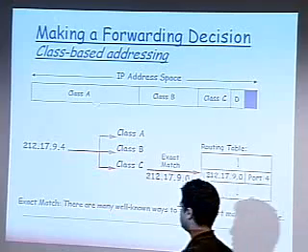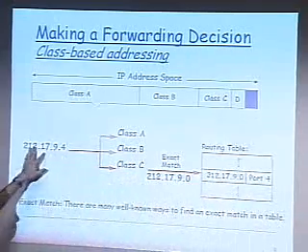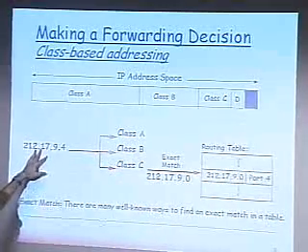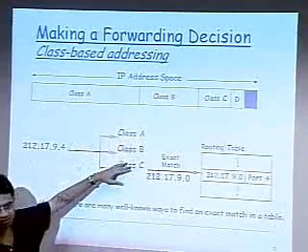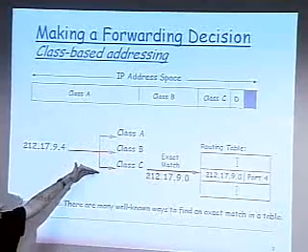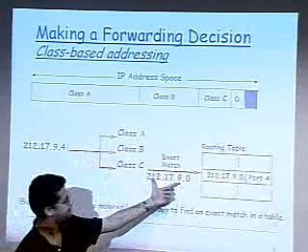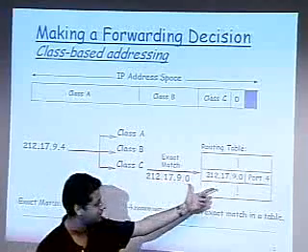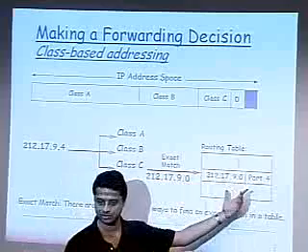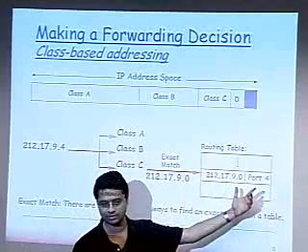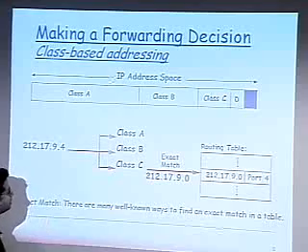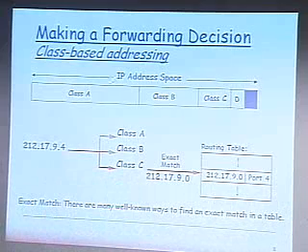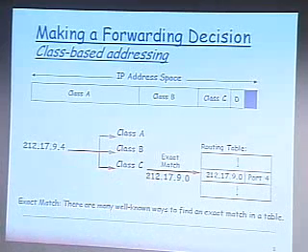Given a destination address, you could figure out which class this destination address belonged to: class A, class B, or class C. Once you knew that, then you had an exact match based on the class, the number of bits that you had to match. You go to the routing table, look at the exact match, and pick out the port number, and then you can forward the packet along. If you're doing exact match, there are many ways to do an exact match in a table.